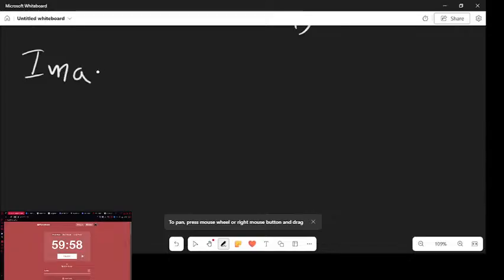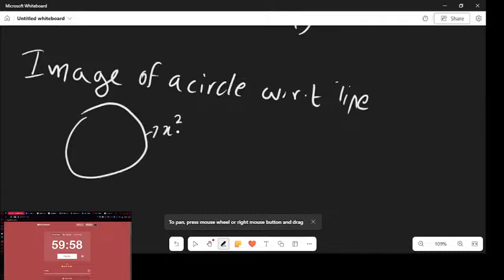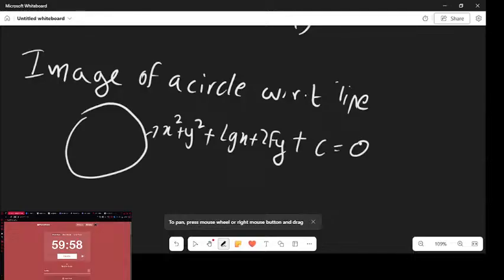Now, next, this is a JEE topic. Image of a circle with respect to a line. This is the circle which has the equation x square plus y square plus 2gx plus 2fy plus c is equal to 0.